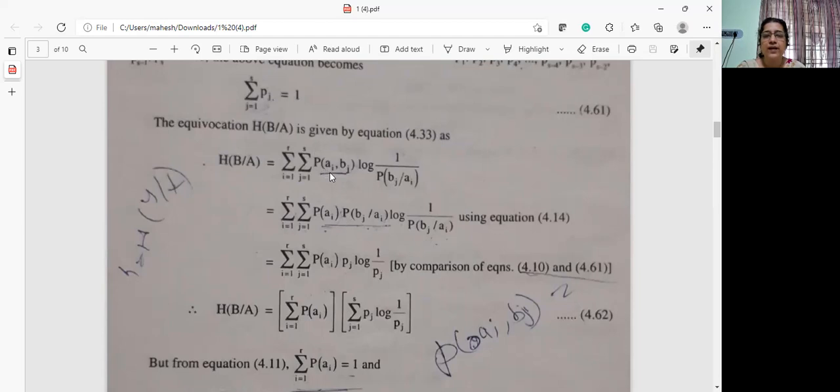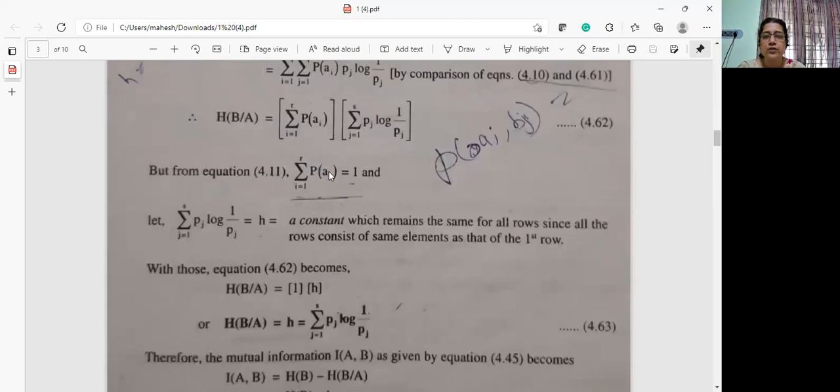Now let me replace this P of ai comma bj using Bayes theorem as P of ai times P of bj by ai, log of 1 by P of bj by ai. Since only j is varying, I can replace this with Pj log of 1 by Pj. And finally, H of B by A, just rearranging the summation term, will be summation of i equal to 1 to r P of ai, summation of j equal to 1 to s Pj log of 1 by Pj.